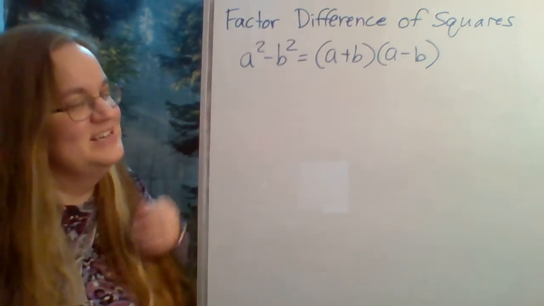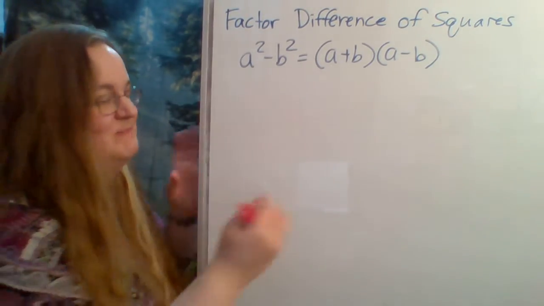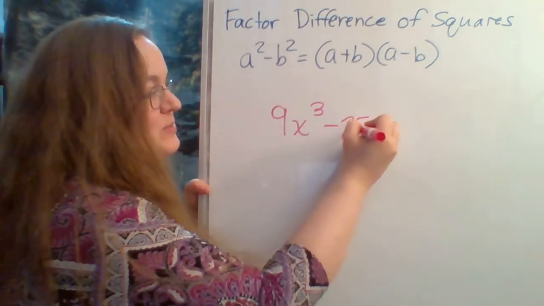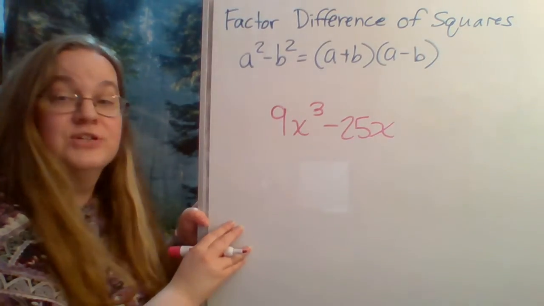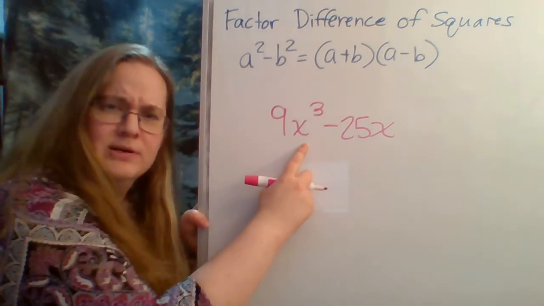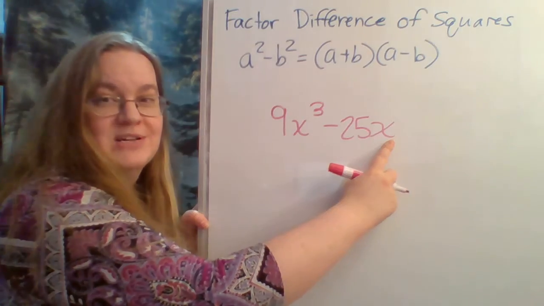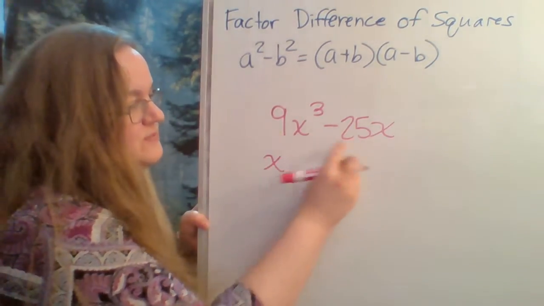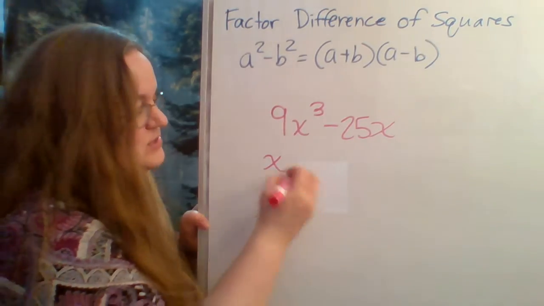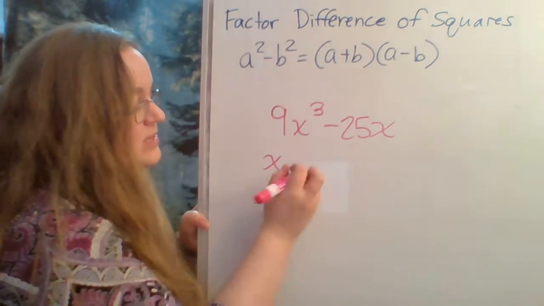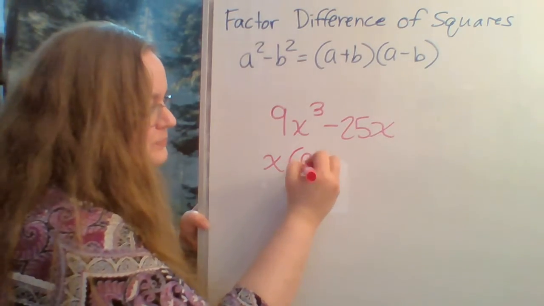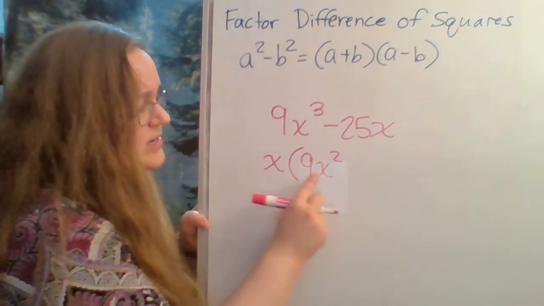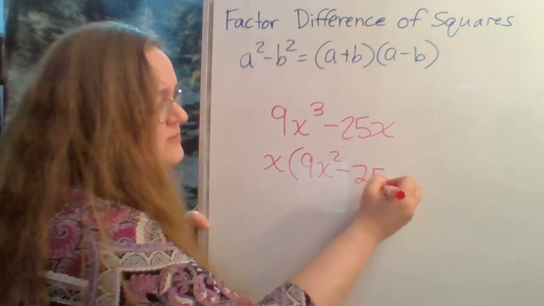Okay. If we take a look at the next one, sometimes you have to do a little work before you can do that. For instance here, this isn't an x squared, it's x to the third, but you notice there's also an x here. So I have to factor out the GCF first. The GCF of the coefficients is 1, so I don't have to do anything there. But between x to the third and x, I can take out an x. So I end up with 9x squared, because x to the third divided by x is x squared, minus 25.